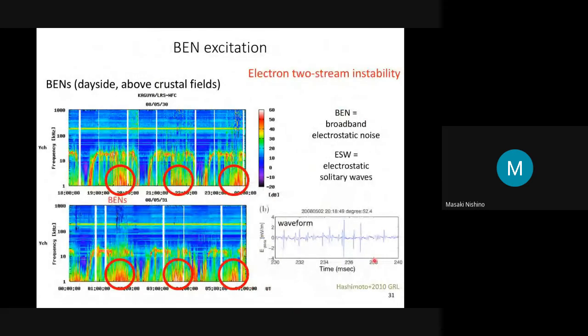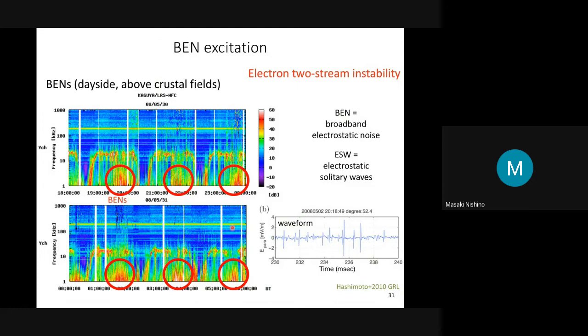And by the electric field wave detector, we detected some broadband electrostatic noises as shown here. This is a frequency-time spectrogram for 6 hours, this is for 6 hours, and this is for 6 hours.